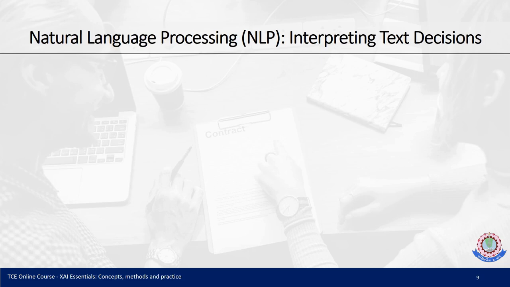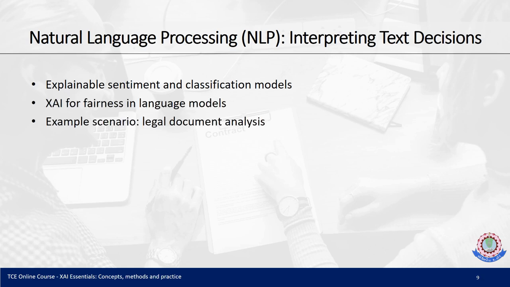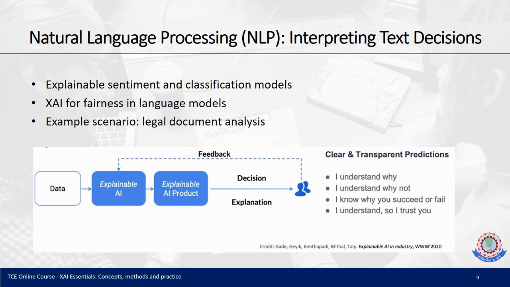So now we move into our day-to-day process, natural language processing. In natural language processing, AI models classify text, extract meanings, or generate summaries. Yet language models, especially deep learning ones, can be complex. Explainability techniques like attention visualization and feature attributions help reveal which word or phrase influenced the classification.